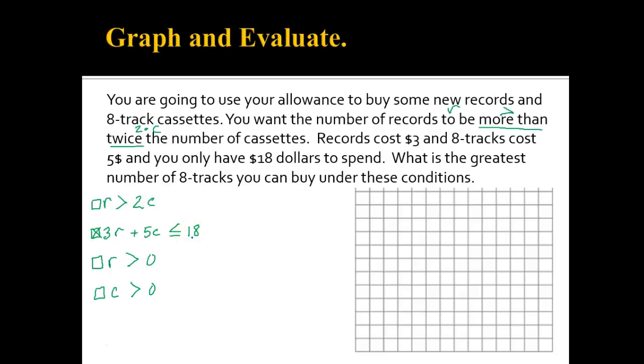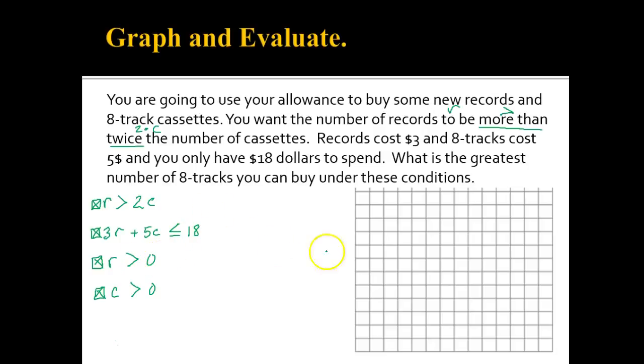It took me like 30 minutes to puzzle that one out. You'd get it wrong, because you also have to check the easy one, R is greater than 2C, and the implicit ones, R is greater than 0 and C is greater than 0. So unless you get all of those equations, you haven't finished this part of the question.